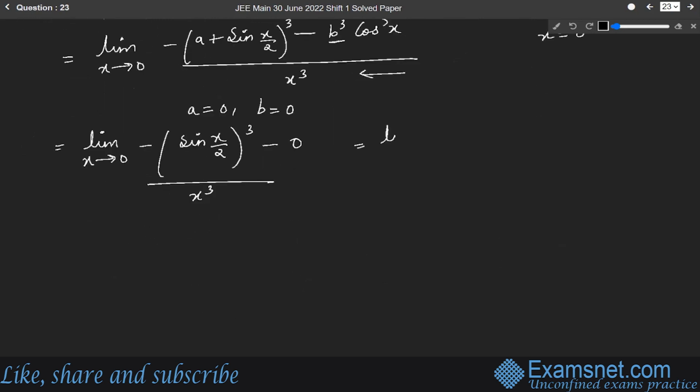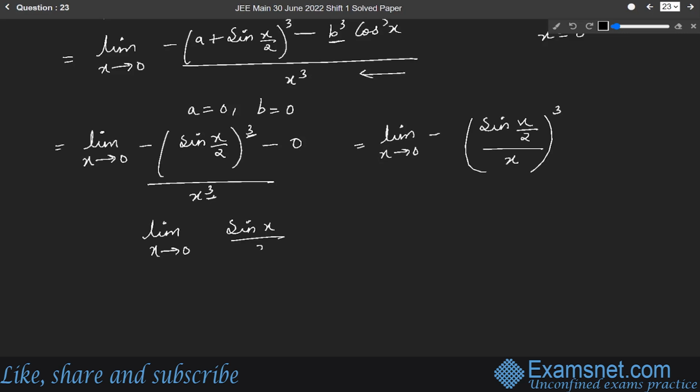So this is equal to limit x tends to 0 minus of (sine x by 2 divided by x), and both have the power 3, so we can combine the power and write it as a whole cube. Now we have to use a basic formula here, which is limit x tends to 0 sine x upon x, it is always equal to 1. But here the term is sine x by 2 upon x, which means both these terms are not equal. We have to make both these terms equal.